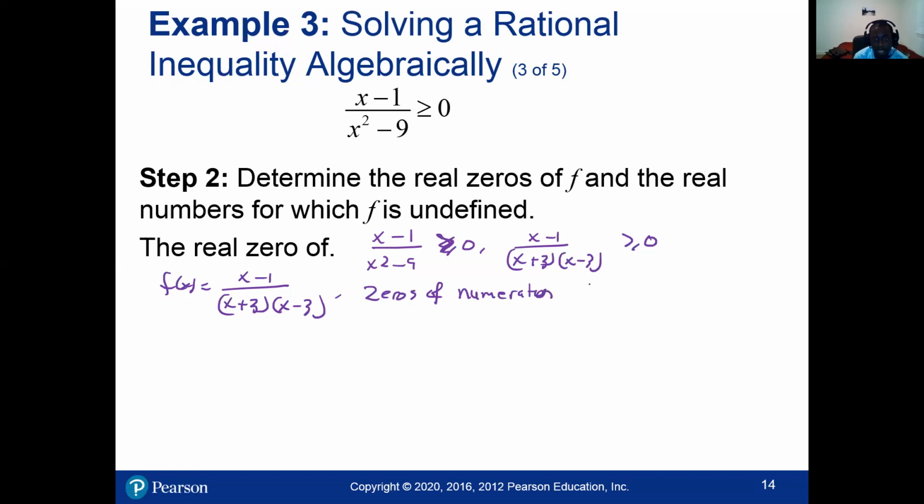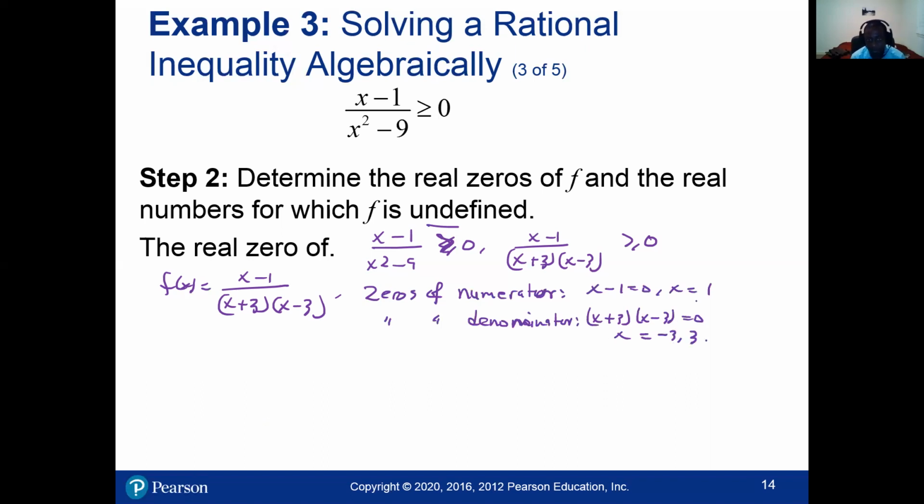That is x minus 1 equal to 0, so x is equal to positive 1. And then the zeros of the denominator, that is where the function is not defined: x plus 3 times x minus 3 equal to 0. You get x is equal to minus 3 and then positive 3.